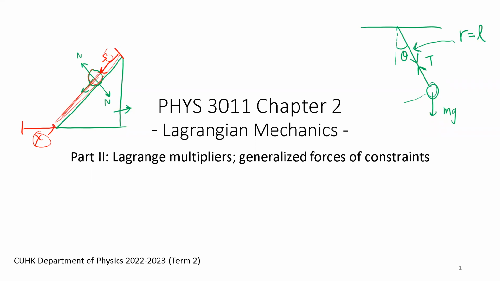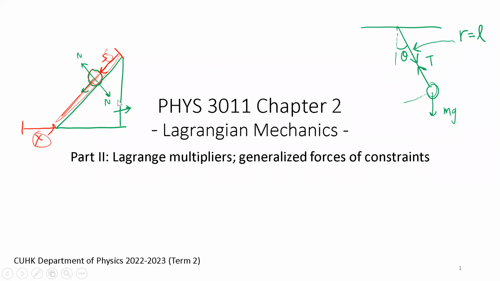So that's the constraint. And again, why do we have such a constraint? Because of the normal reaction force. So whenever we have this problem, we have the constraint, which can also be written as an equation. That constraint equation actually tells you the information of these forces of constraint.